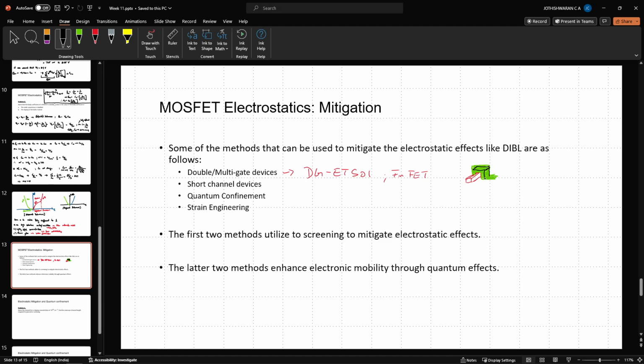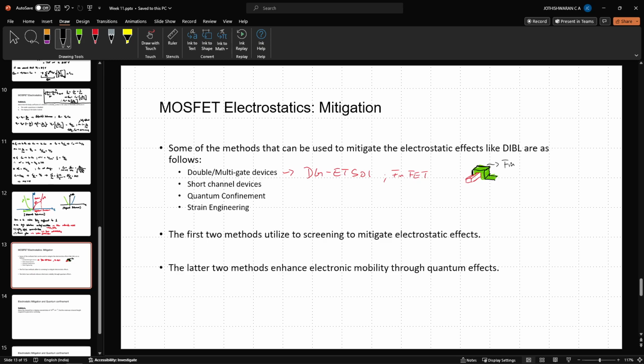Now the gate is a fin around our channel. So this is the fin structure. This is what we call a FinFET, it essentially wraps the gate like a fin.